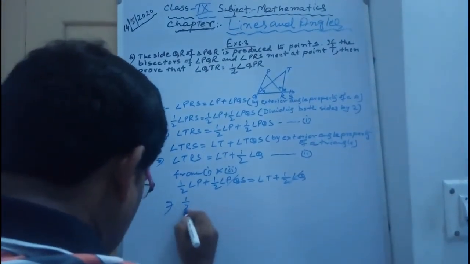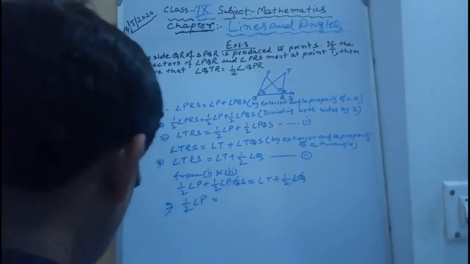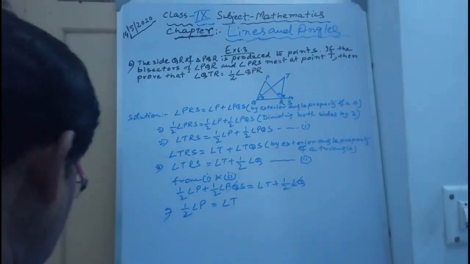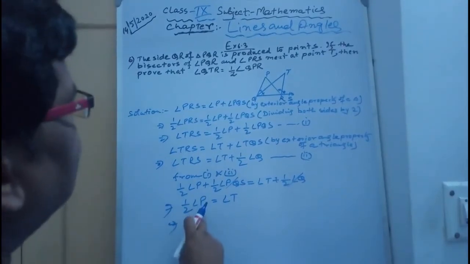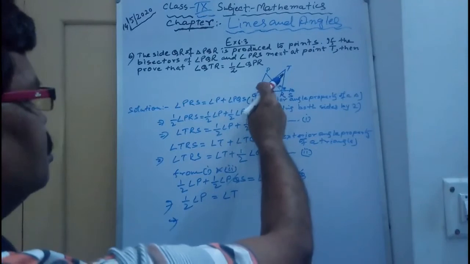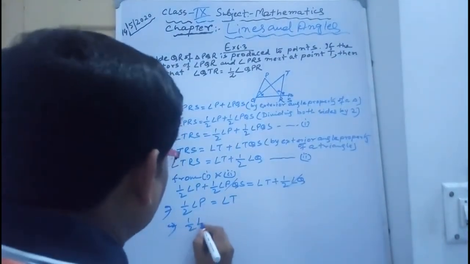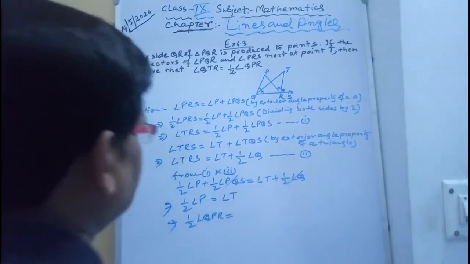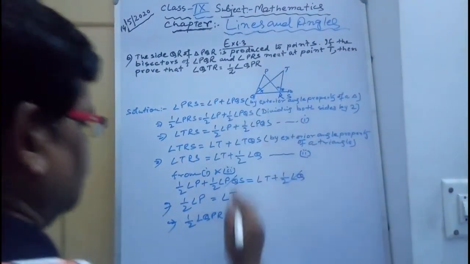So half angle P equals angle T. So 1 by 2 angle QPR equals angle QTR.